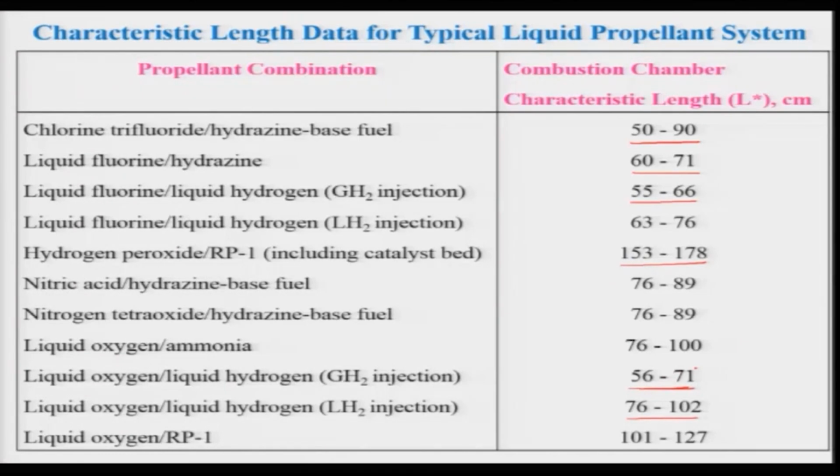Therefore, from this data you can observe that the characteristic length is dependent not only on the residence time for gas phase combustion, but also on the type of propellant. This characteristic length data is used by designers because one cannot really relate it to the other dependency factors, which are quite difficult to evaluate.